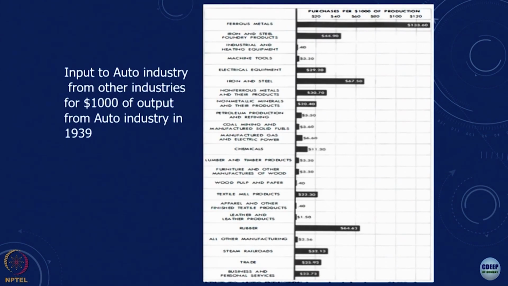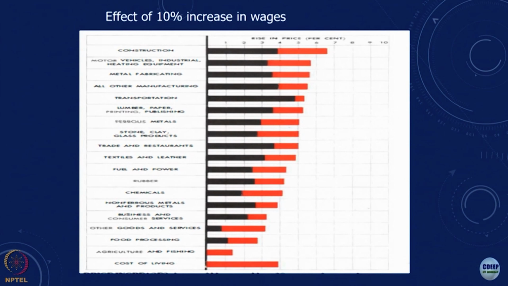We can also look at, per $1,000 of output of the auto industry, how much is the input, and you can see ferrous metals is the main input, and then you have all of these. These are some illustrations.